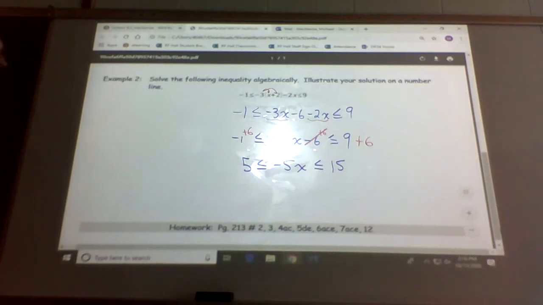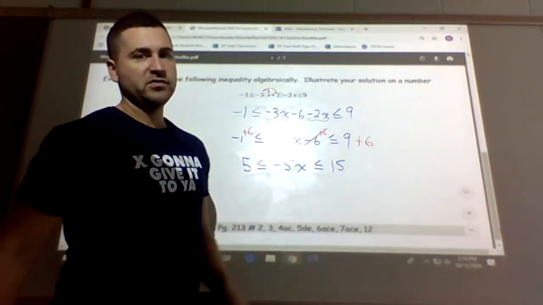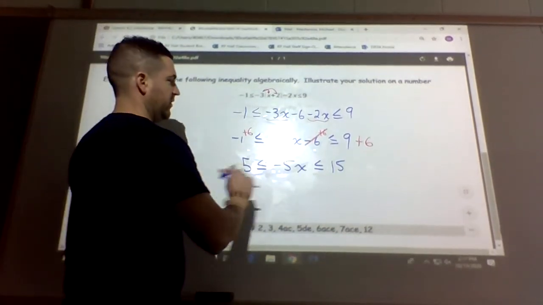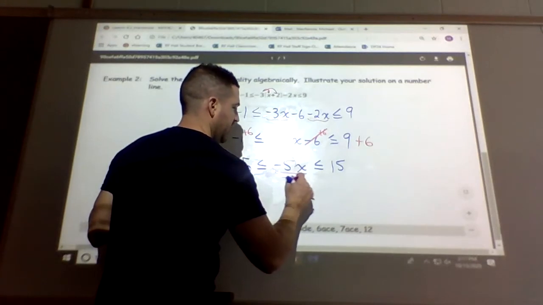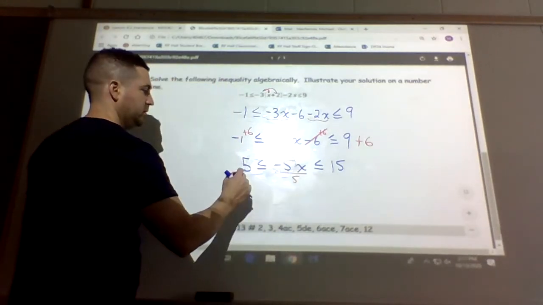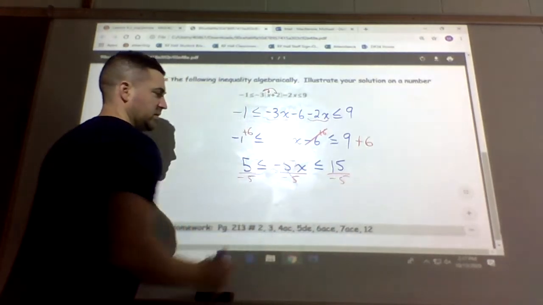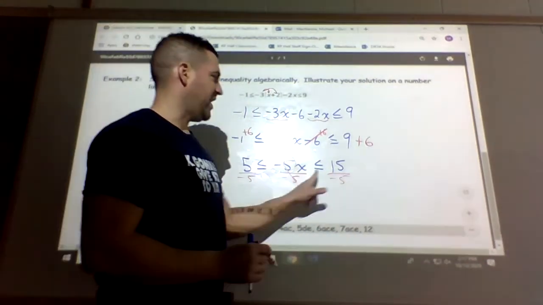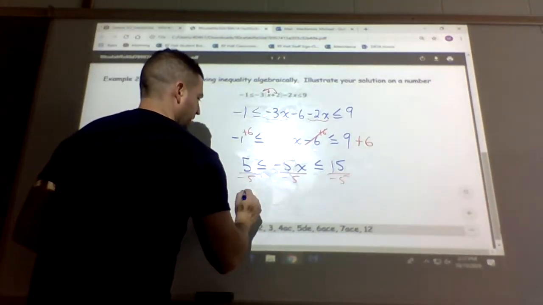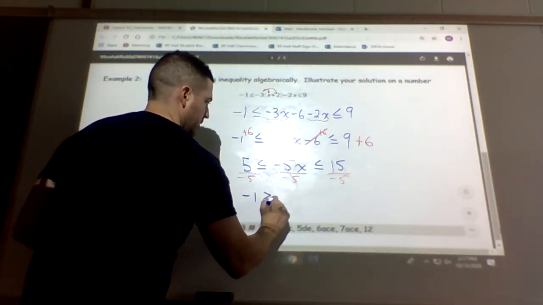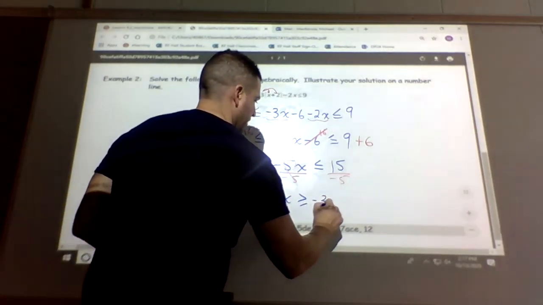Okay, so 5 is less than or equal to negative 5x, which is less than or equal to 15. Lastly, we have to get rid of the negative 5. So we are going to divide by negative 5, but we're going to do that to all of them. Since we're dividing by a negative, we're also going to change the inequality signs. So we end up getting negative 1, x, and negative 3.